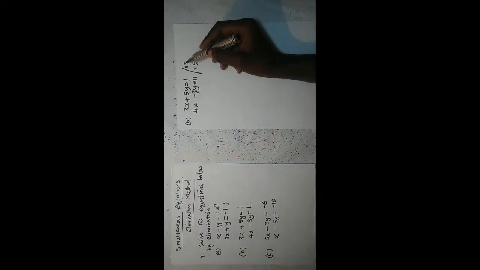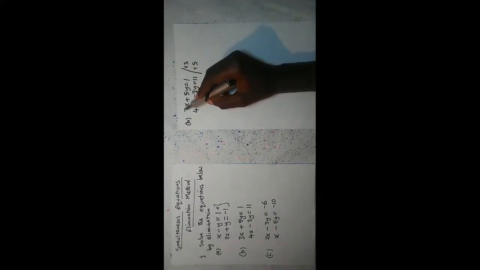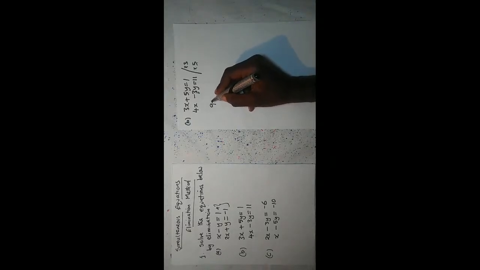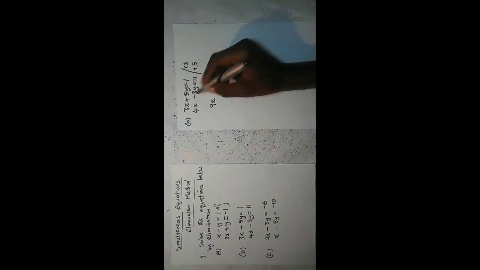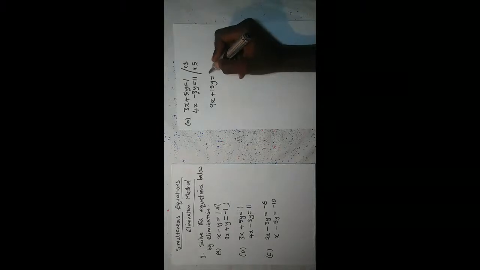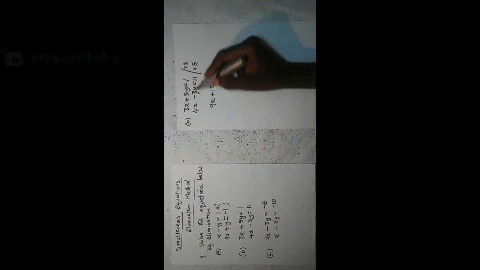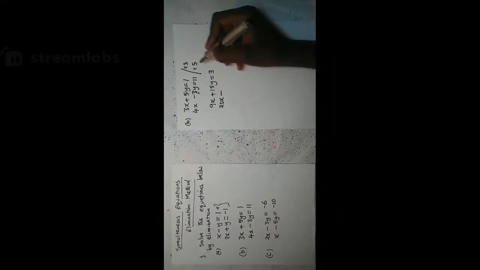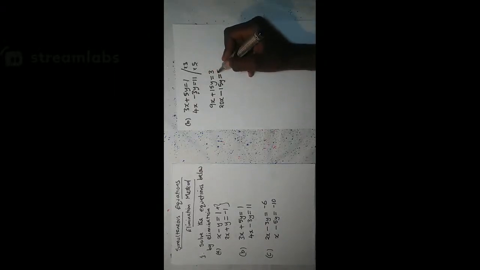So let's multiply now. 3 times 3 here, we are going to have 9x. There's a plus here, so plus 3 times 5, we have 15y. And then 3 times 1, we have 3 at the end here. And then we come to the equation that is down here. 5 times 4, we have 20x. We have a minus here. 5 times 3 here, we have 15y is equal to 5 times 11, we have 55.